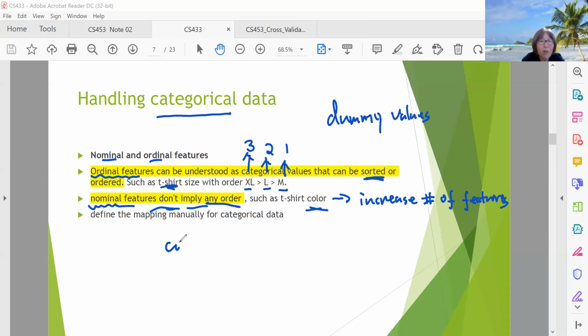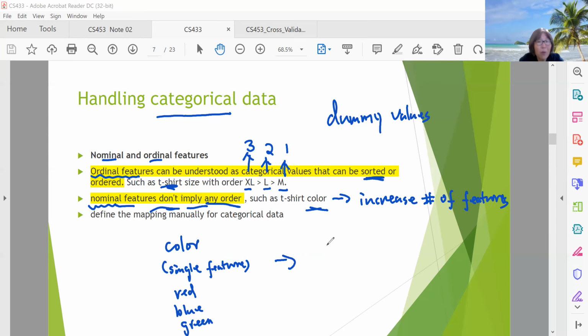Previously you just had color, a single feature. Suppose the color can be red, blue, or green. You convert it to color red, color green, and color blue, three columns.